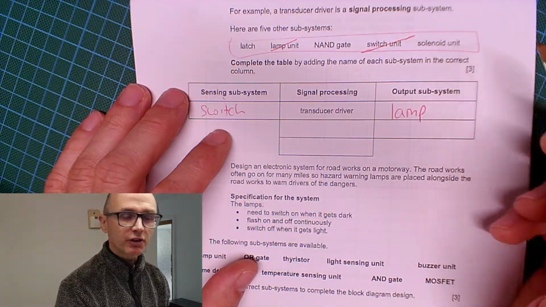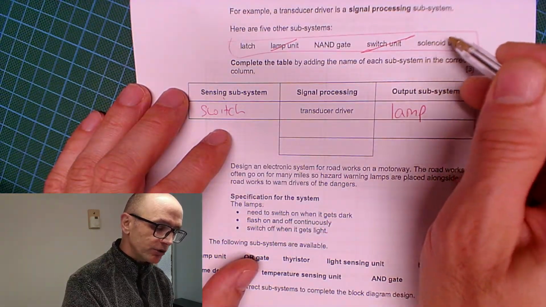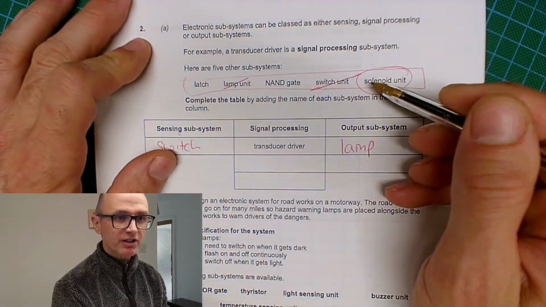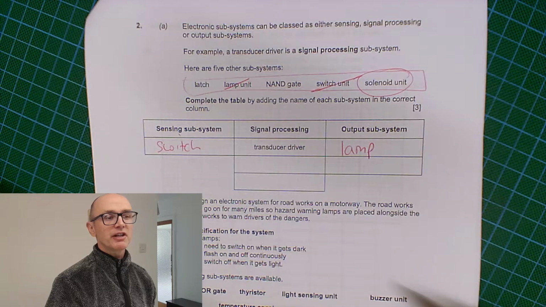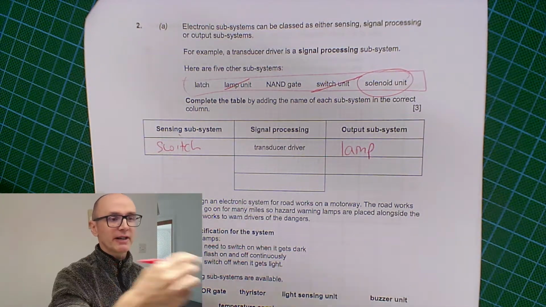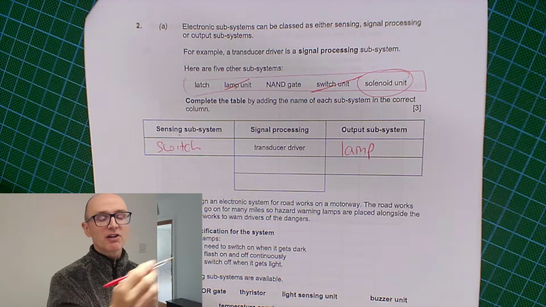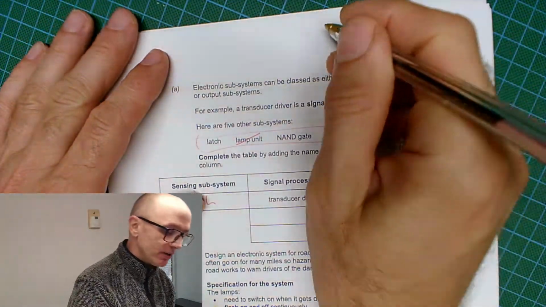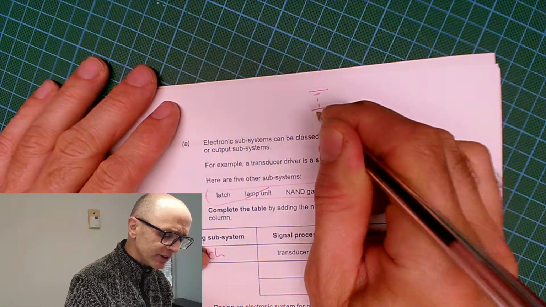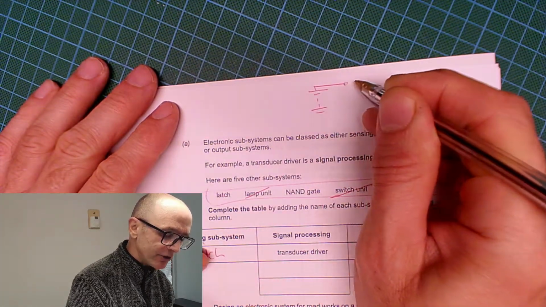Shouldn't be too difficult. This one causes a lot of problems to people, though, if you just didn't revise it. A solenoid is the sort of thing that might be an actuator for a lock, like throwing a bolt, or the locking mechanism. Let's quickly draw it. This won't be a realistic drawing of it, but let's have a battery.